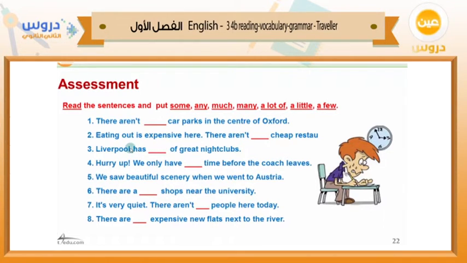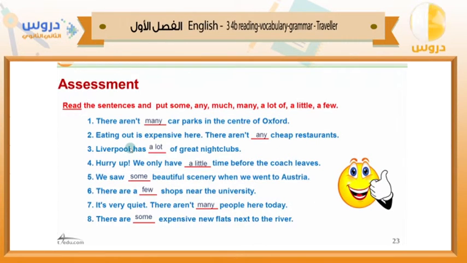Liverpool has a lot of great nightclubs. So for the rest, I'm going to display the answers for you: there aren't many car parks because parks are countable. Eating out is expensive, there aren't any cheap restaurants. Liverpool has a lot of great nightclubs.